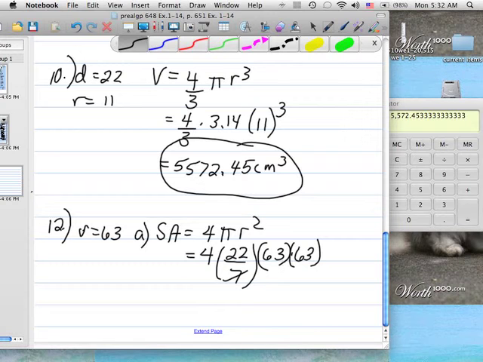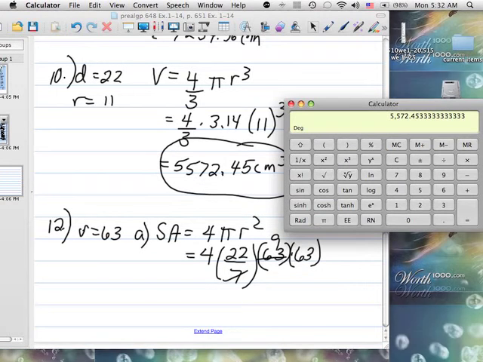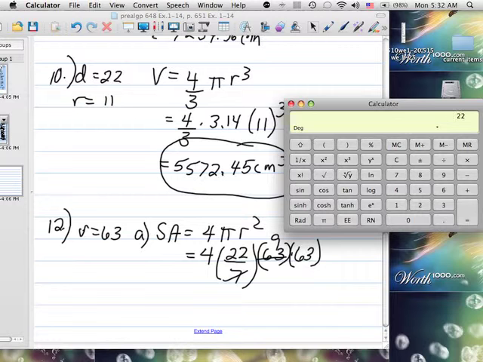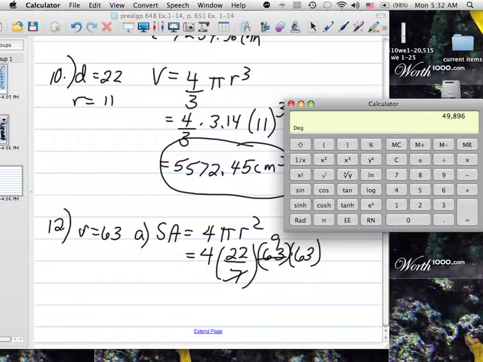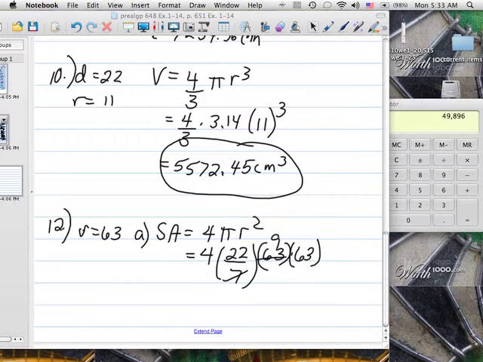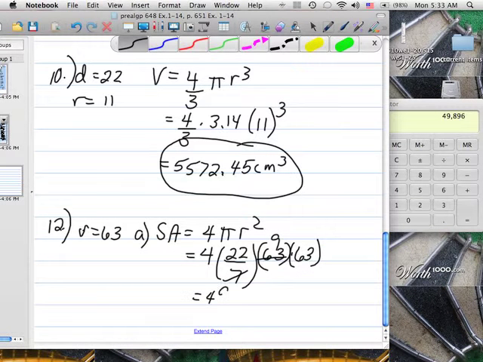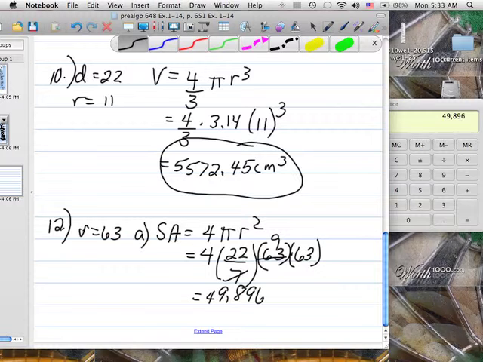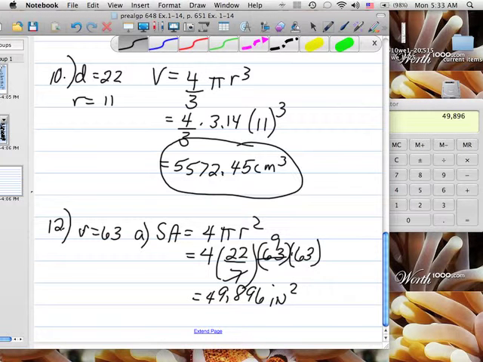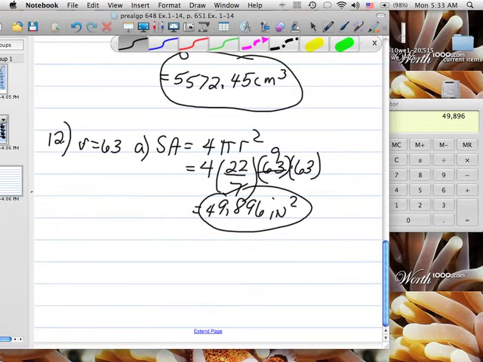So I did that so we can cancel the 7 with the 63. It goes 9. And then all we have to do is take 4 times 22 times 9 times 63, and we get our answer, which is 49,896 inches squared. And that's the surface area.